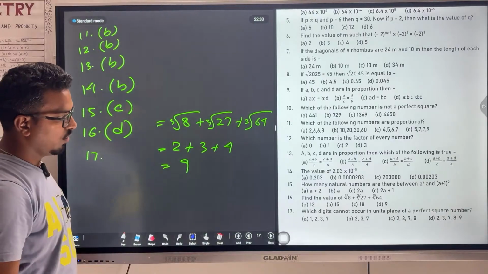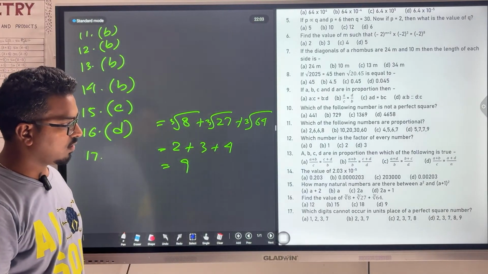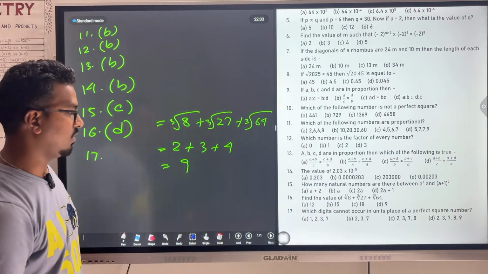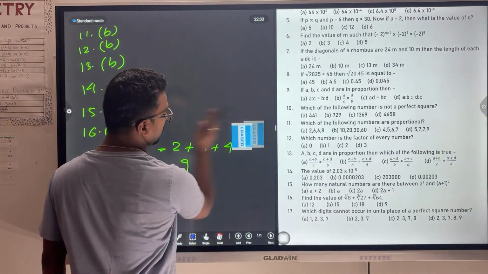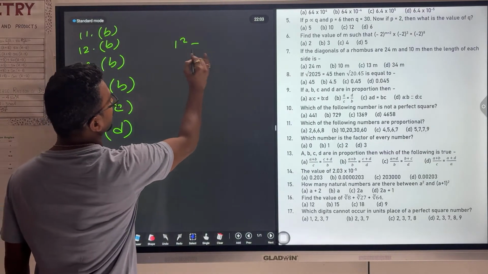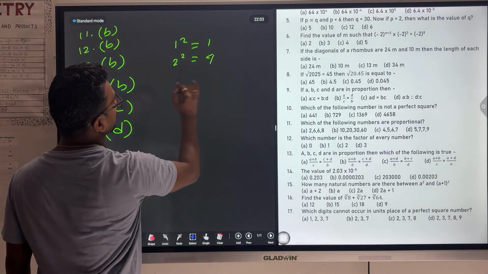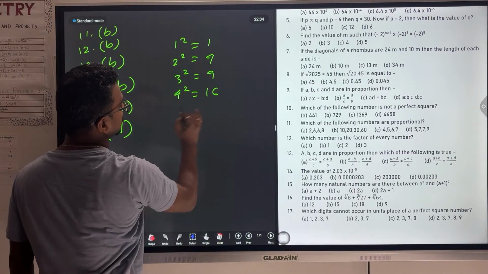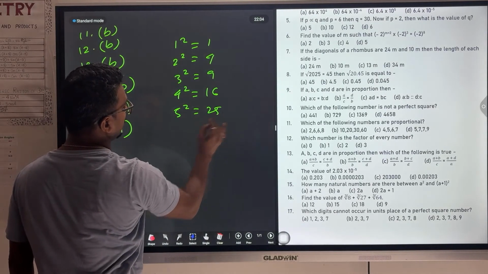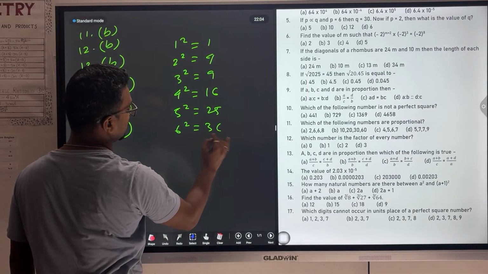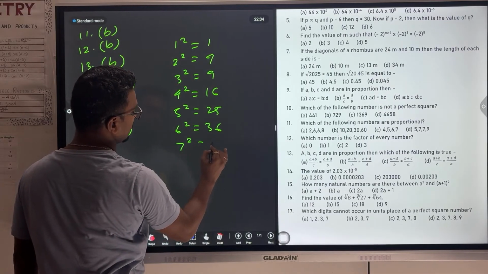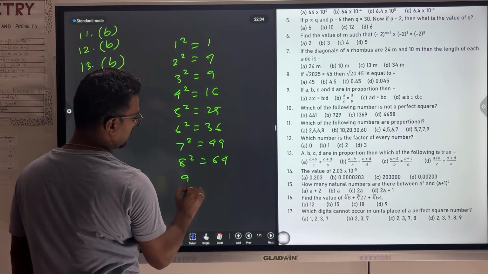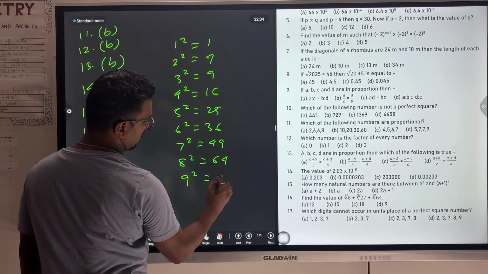Question 17: which digit cannot occur in the unit place of a perfect square number? 1 square is 1, 2 square is 4, 3 square is 9, 4 square is 16, 5 square is 25, 6 square is 36, 7 square is 49, 8 square is 64, 9 square is 81.